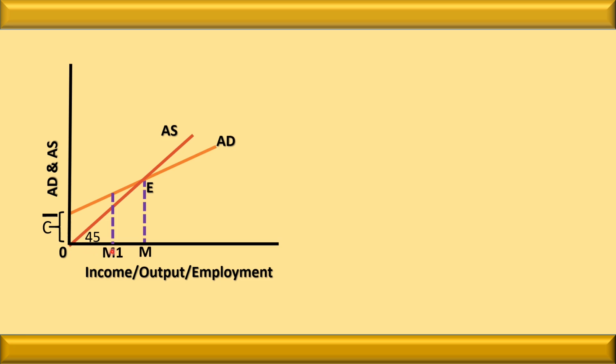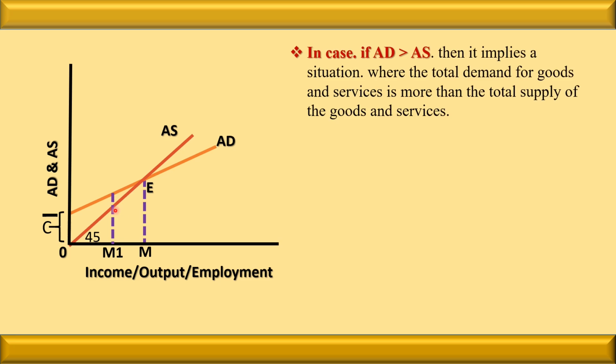When the income is OM1, we can see that aggregate demand is more than aggregate supply. Let us see what will happen. In case 1, when the national income is OM1, aggregate demand exceeds aggregate supply. Aggregate demand is more and aggregate supply is less.